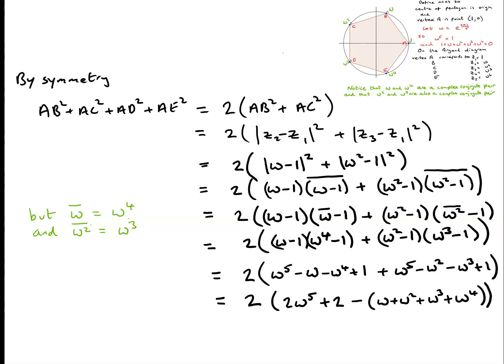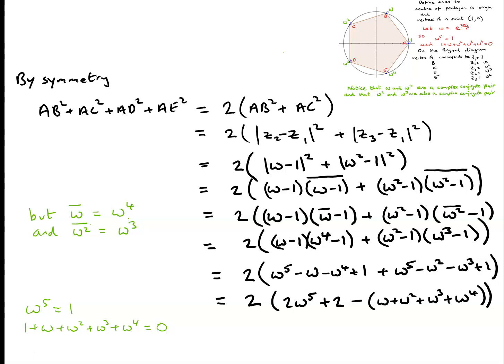So that's 2 lots of 2 omega to the 5 plus 2 take away omega plus omega squared plus omega cubed plus omega to the 4. Now we know that omega to the 5 is equal to 1. And we also know that 1 plus omega plus omega squared plus omega cubed plus omega to the 4 is 0.